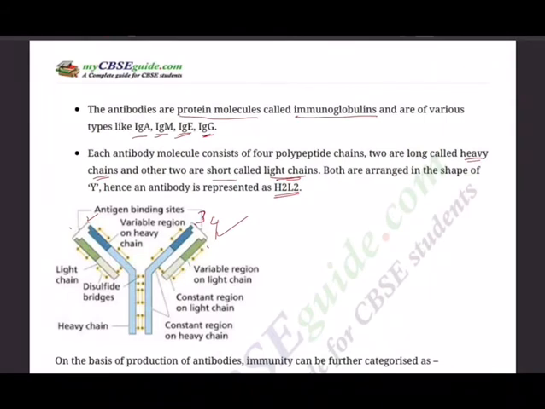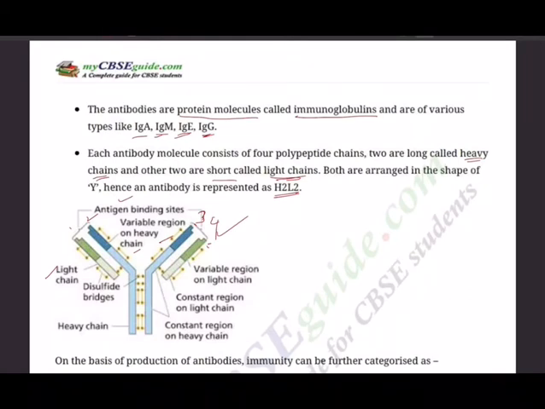So you can see here there is a light chain. You can see another light chain this side, heavy chain here, variable region of heavy chain here, and one more heavy chain. And what is important is antigen binding sites are there. Look at this, antigen binding sites, and there is variable region of light chain, constant region on light chain.